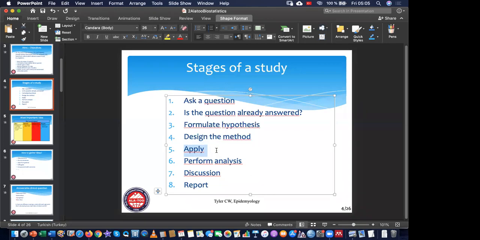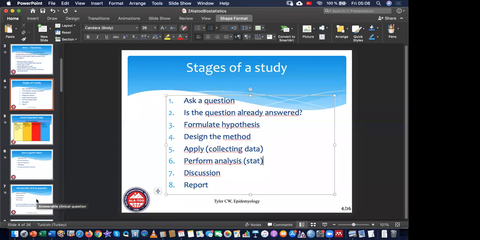You collect data. Apply means collecting data. And then perform analysis. This is about statistics, doing biostatistics. And then discussion after the discussion and report. Thank you.